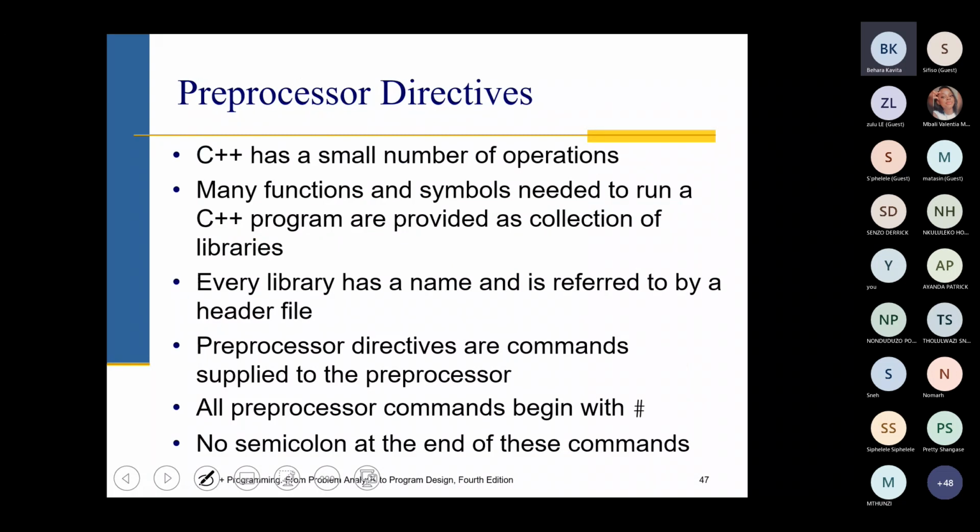So again, preprocessors. What is a preprocessor? C++ has a small number of operations, so your functions and symbols need to be pulled in from the libraries to run a C++ program. Those libraries are hash include iostream, hash include string, hash include stdafx.h.